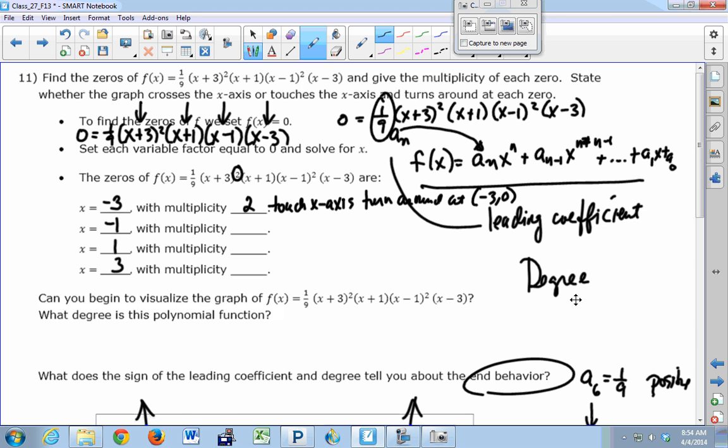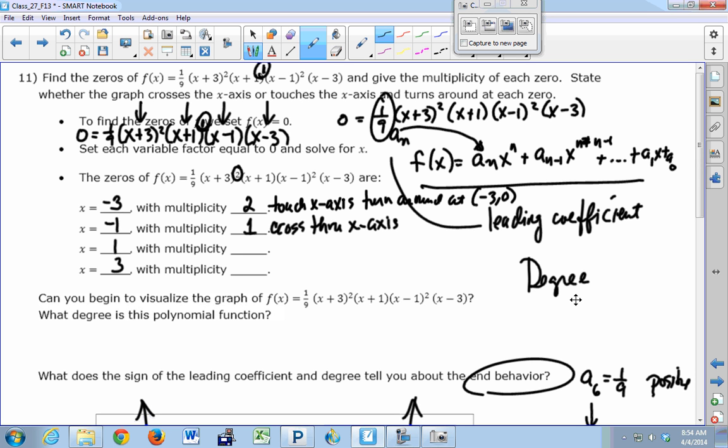You can't see it, it's not there, but we know a 1 is there. That's odd. So you think of your linear function, your straight line, that crosses right through your x-axis. It has multiplicity 1, so you cross through the x-axis. It's just like a line. A line would cross right through your x-intercept.